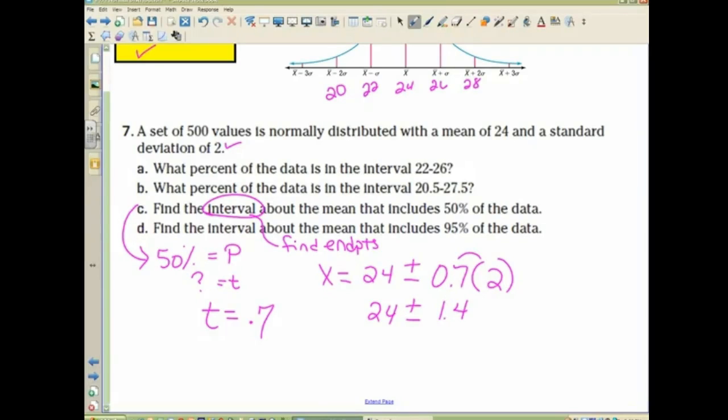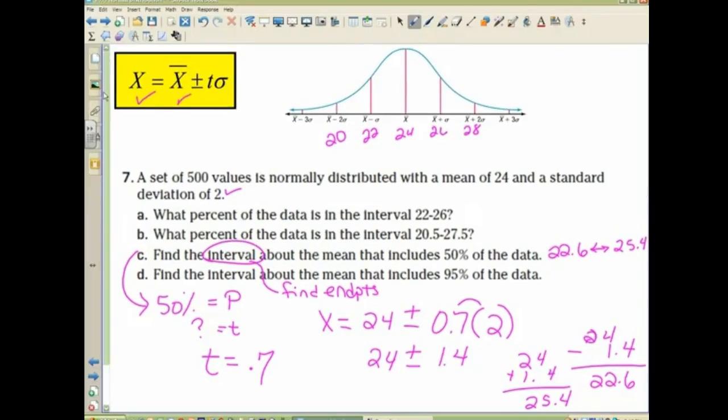That gives me an upper value of 24 plus 1.4. That's going to give us 25.4 on the upper limit. And then I could go 24 minus the 1.4. That's going to give us 22.6. So our interval that includes 50% of the data is 22.6 up to 25.4, all off of the t-p chart using that formula.